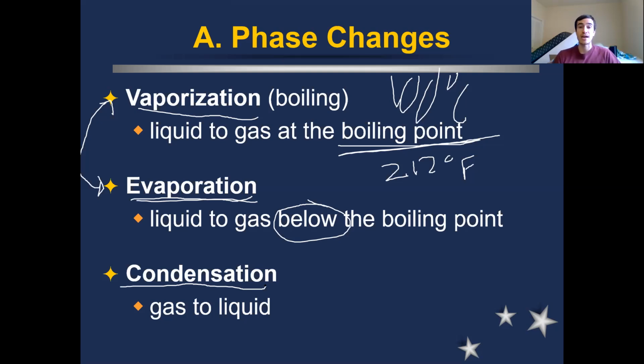So anytime we have a gas that gets cooled down to the point where it starts turning into a liquid, that is condensation. The same thing happens if you have a really, really cold glass of water that has a bunch of ice in it. You leave it sitting out for a little bit, and all of a sudden, the outside of the glass feels kind of sweaty, feels kind of wet, right? That's not happening because a tiny little bit of liquid is leaking out of the glass.